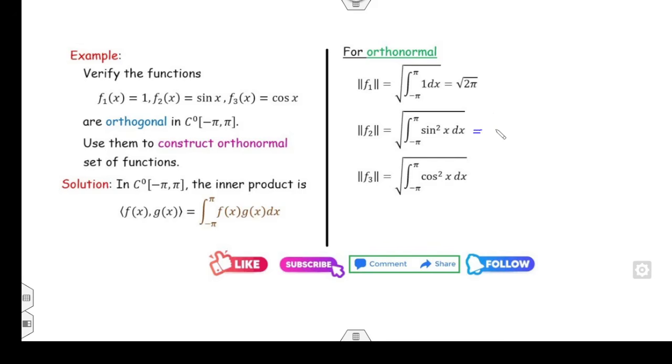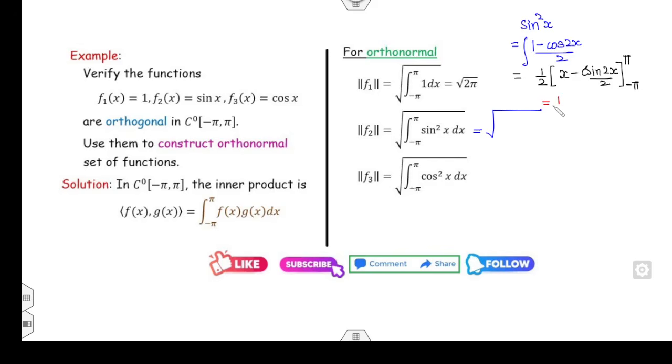How can you solve this integration? The integration of sin squared x. We can write sin squared x as 1 minus cos 2x over 2. Now once you integrate it, it will be half outside, x minus sine 2x over 2, from minus pi to plus pi.